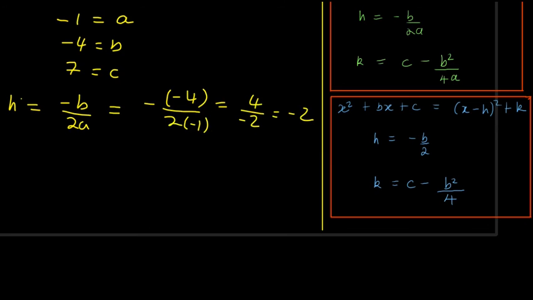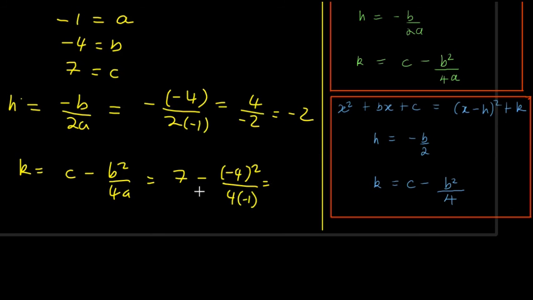And to calculate the value of k, k is equal to c minus b squared over 4a. So c is 7, minus b, which is minus 4 squared, over 4 times a, and the value of a is minus 1.